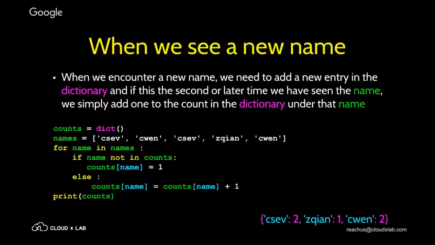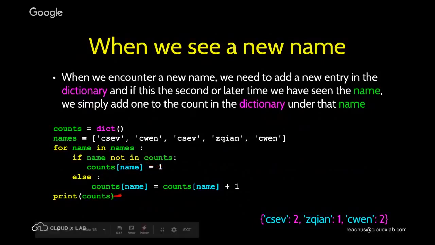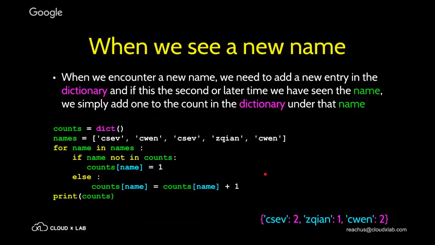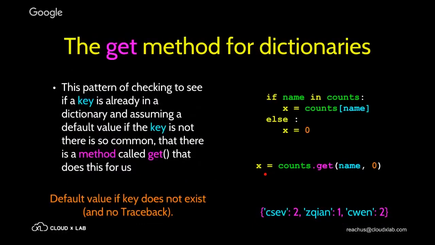Now here we are using an if condition: if the name is not found, then consider the value to be 1, otherwise consider the value to be 1 greater than that. The get method for dictionaries: this pattern of checking to see if a key is already in a dictionary and assuming a default value if the key is not there is so common that there is a method called get that does it for us.